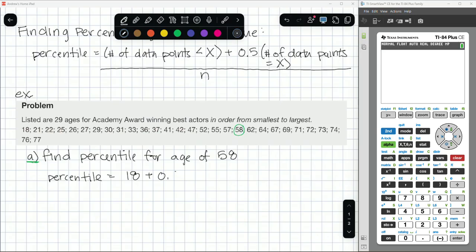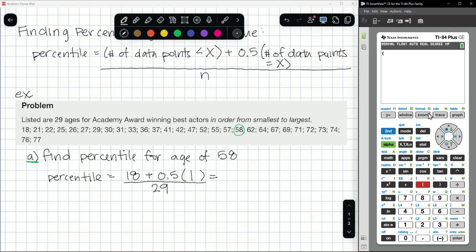plus 0.5 times the number of data points equal to 58. And I only circled one 58. I'm going to divide that by the number of data points, and I was told there are 29 data points in my data set. Then I'm going to multiply the whole thing by 100 to turn it into a percentage when I'm done. But first, let's do this calculation.